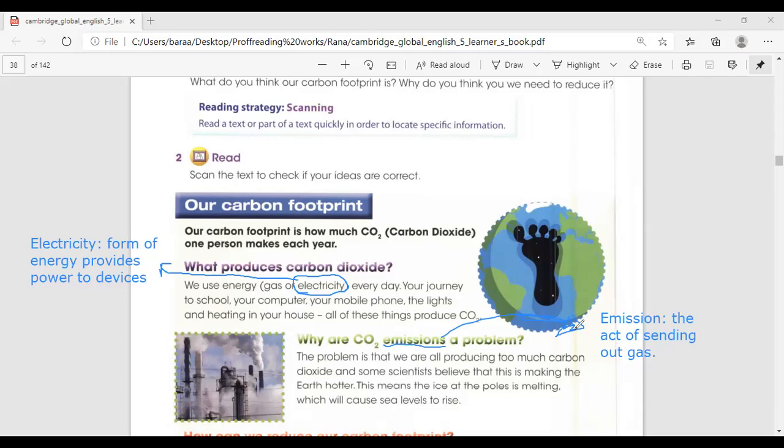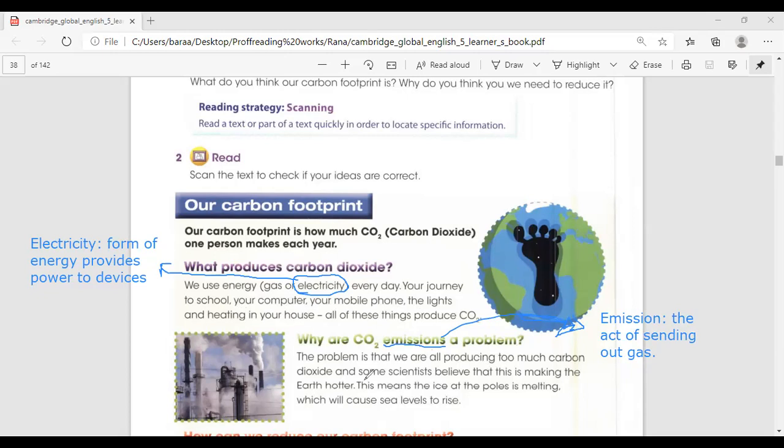So, as we said here, we have the processes or the matters that produce electricity or the carbon dioxide, the CO2: your computer, your mobile phone, the lights and heating in your house. All these things produce CO2.